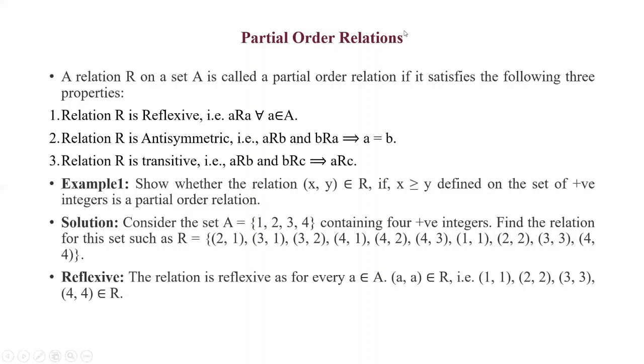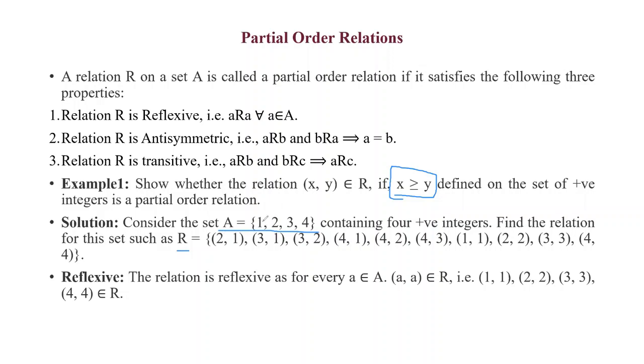Suppose this set A contains 1, 2, 3, 4, so there are 4 elements. Here we have to find the relation R. What is the definition of this relation R? The first element is greater than or equal to the second element, x is greater than or equal to y.